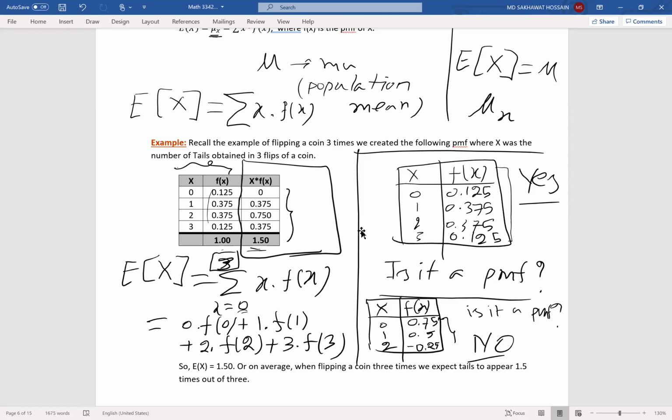So what does it mean by expected value of x here? What is x here? X is the number of tails obtained in 3 flips. So the expected value means, if you do this experiment several times or thousands of times, the expected number of tails is 1.50.